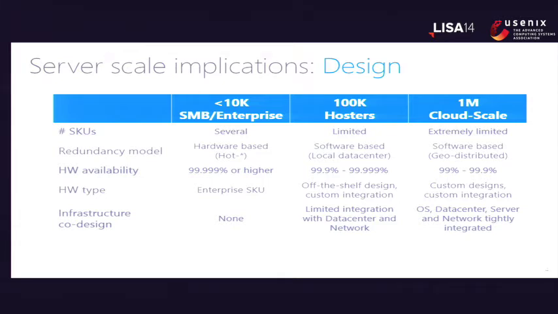Generally speaking, the differences you'll see when you operate at these different scale points are on the design side. First of all, the server SKU, or the actual server platform that you deploy. Even though you have a variety of applications, you don't want to have one application per SKU.